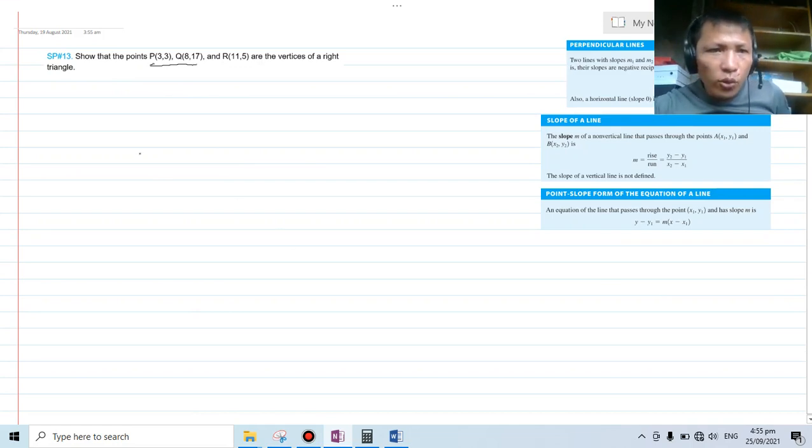Again, for the first solution, I will just get the equation of the two lines. I will find the equation by combining these two, that is y minus y1 is equal to m times x minus x1.